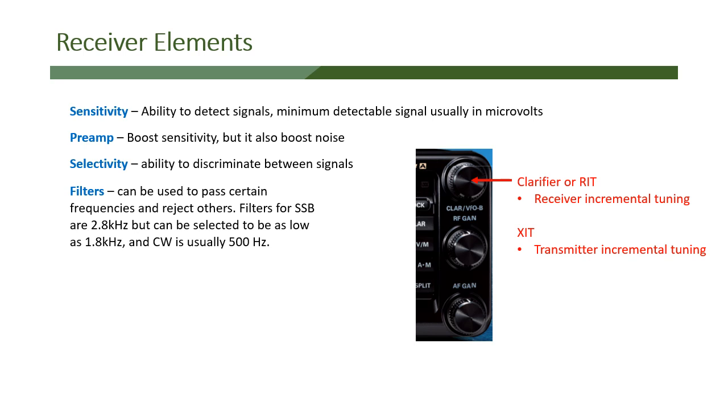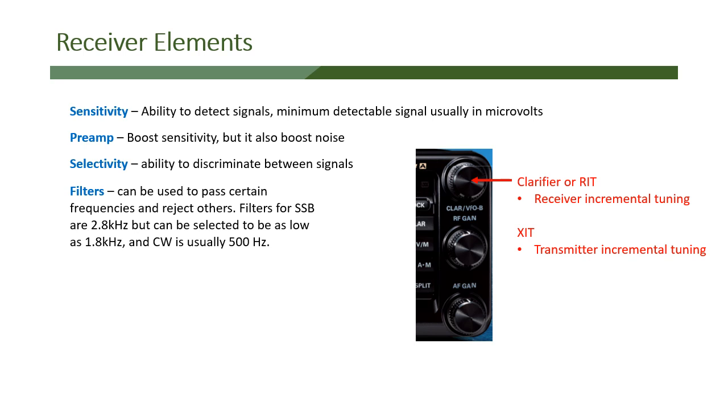And then we have what's called selectivity, which is the ability to discriminate between signals. If you have a signal that is only 3,000 hertz wide, but your receiving radio has a selectivity that's 4,000 wide, and you have two transmitting stations, let's just say one is at 0 to 3,000 and the other signals from 3001 to 6,000.